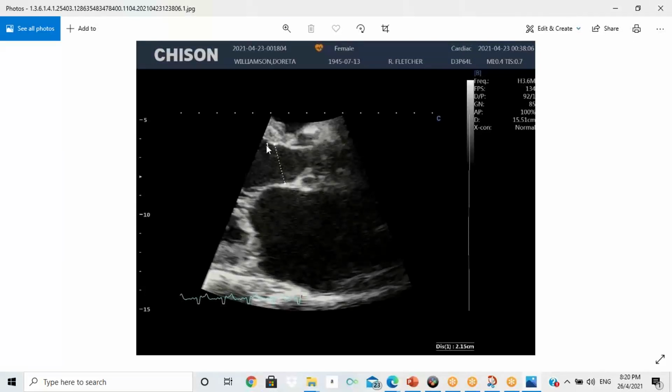Your LVOT diameter, left ventricular outflow tract diameter, is a systolic measurement where the aortic valve opens, and it's taken a few millimeters in front of the aortic valve, from the tissue-blood plane. You just come straight down.